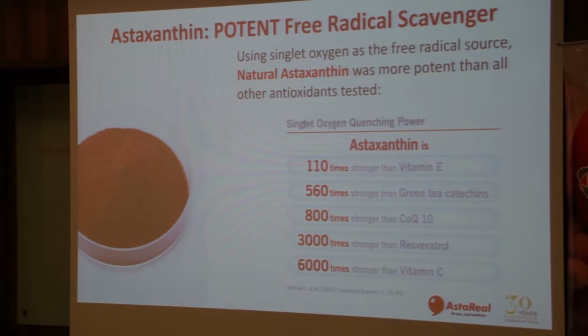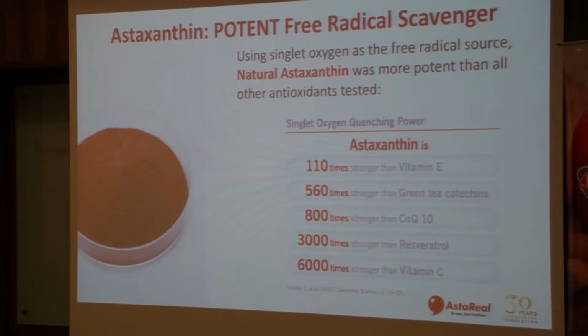So what are some of the really amazing features about astaxanthin? First of all, it is the most potent free radical scavenger. And here's some data looking at some other compounds as it relates to singlet oxygen, which is one specific free radical.